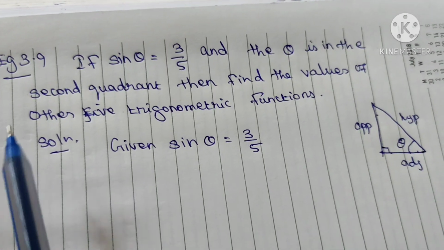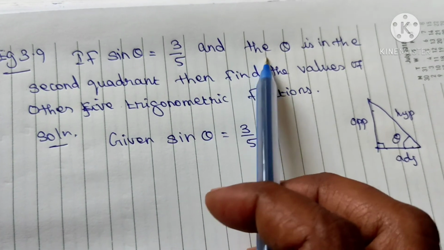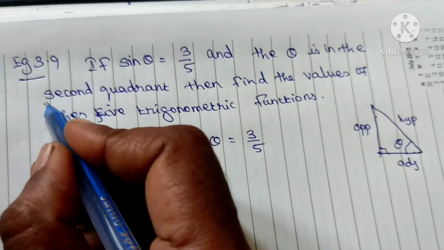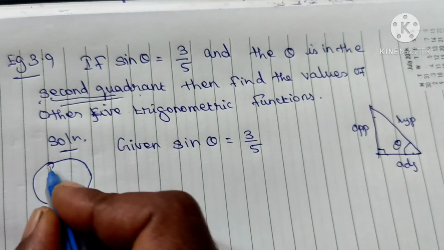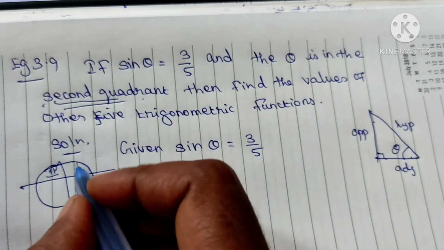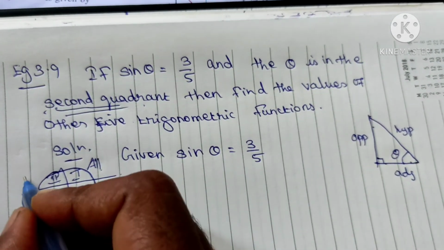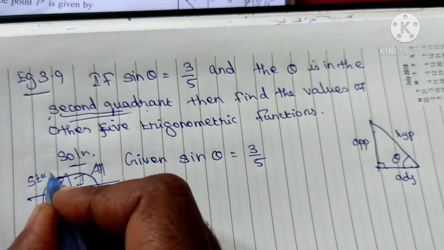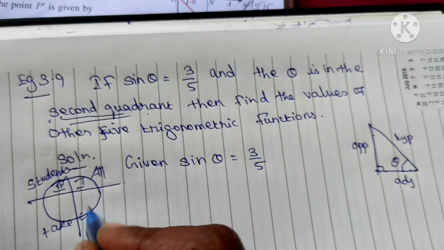Listen, example 3.9. If sin theta is equal to 3 by 5 and theta is in the second quadrant. Listen, theta is in the second quadrant. In this diagram, this one is the second quadrant, this one the first quadrant. All students take chocolate.